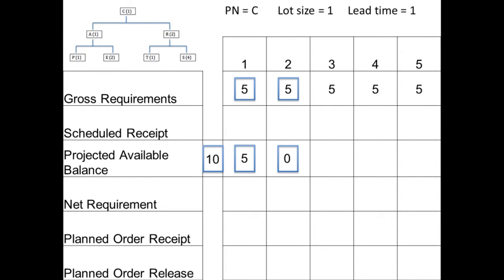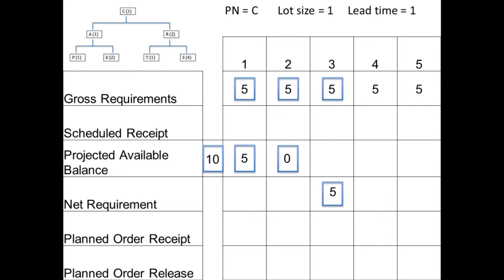We take our previous PAB of 0 in period 2, and 0 minus 5 is a negative number. That quantity is going to become our net requirement. And notice, we don't make it a negative there. So 0 minus 5 is a net requirement of 5.